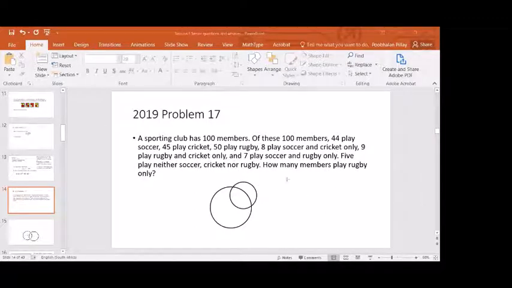And then you have a third circle to represent the cricket players. Maybe I better try it here.